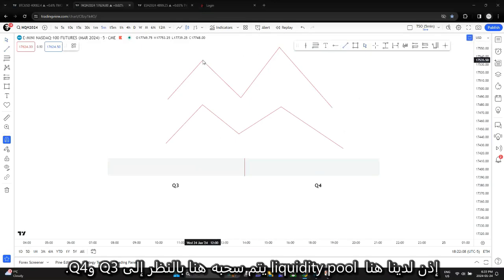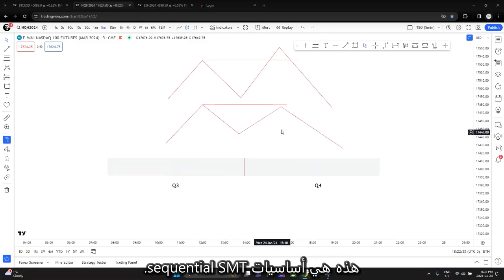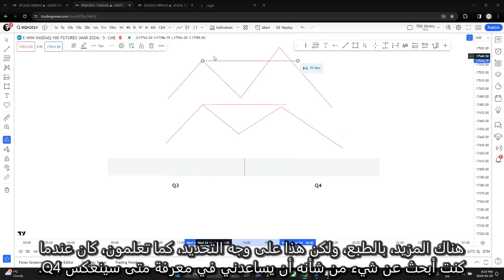So here we have a liquidity pool being taken out here during Q2, no, during Q3 and Q4. And here we have the other asset class failing to make that high during this time. So this is the basics of sequential SMT.